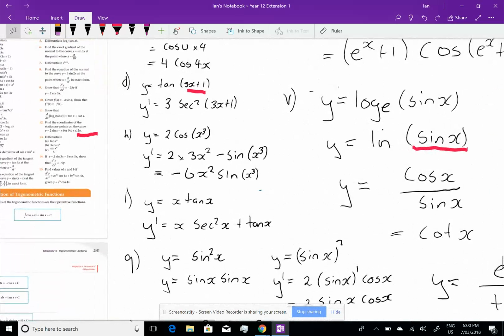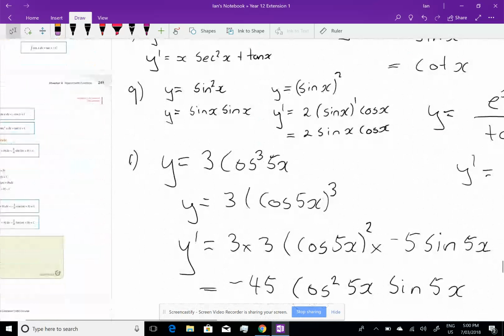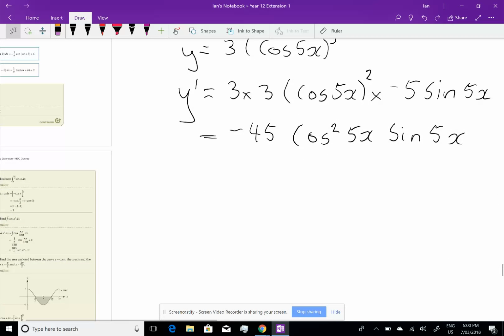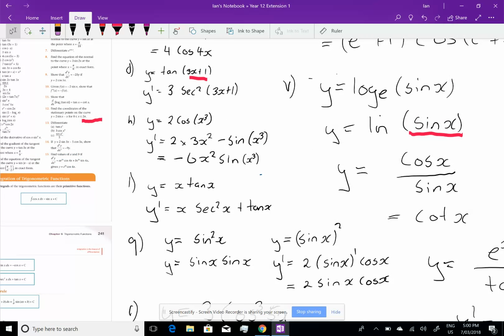So 9, I've got to do 2 derivatives, as y equals 2 cos 5x. Here's question 9. Y equals 2 cos 5x. Let's double check, make sure we got the right question. 2 cos 5x, and I've got to show that the second derivative is minus 25y.